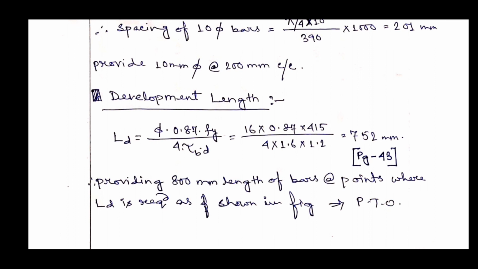So Ld is equal to phi into 0.87 fy by 4 tau bd, that is, phi is 16, into 0.87 into fy is 415 by 4 into tau bd is 1.6 into 1.2, that is equal to 752 mm. Therefore, providing 800 mm length of bars at the points where Ld is required, as shown in the figure. So let us check the final figure.